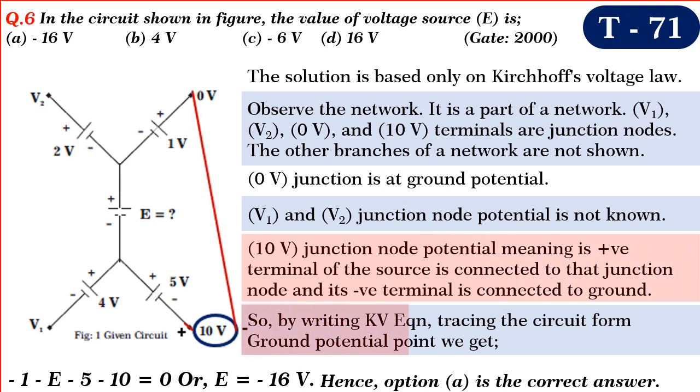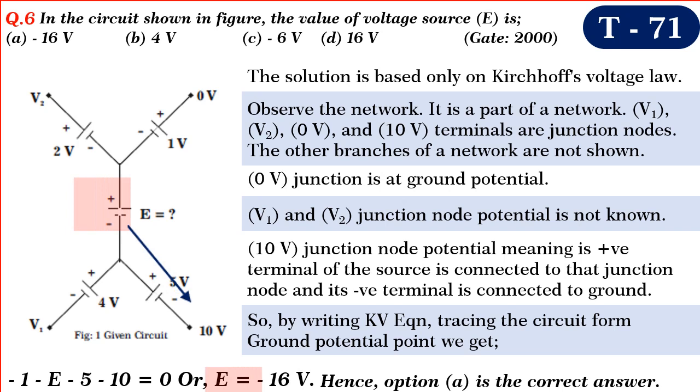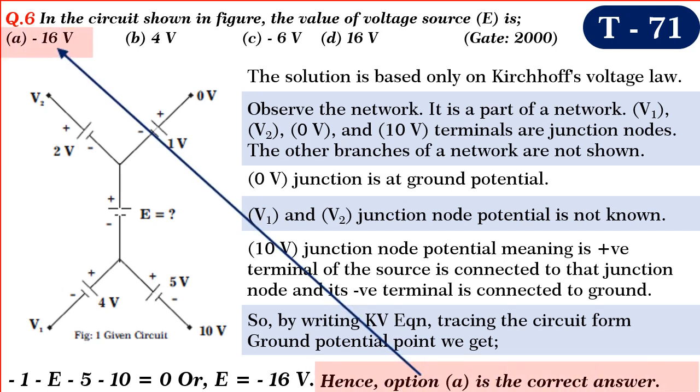So, by writing the Kirchhoff's voltage equation, tracing the circuit from the ground potential node, we get minus 1, minus E, minus 5, minus 10 is equal to 0. Hence, E is equal to minus 16 volts. So, option A is the correct answer.